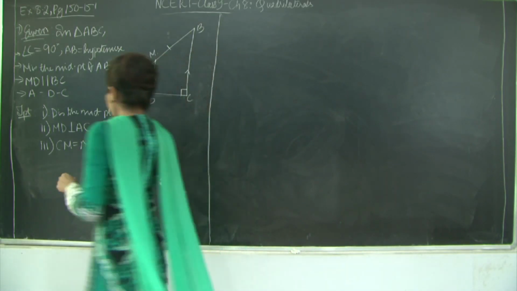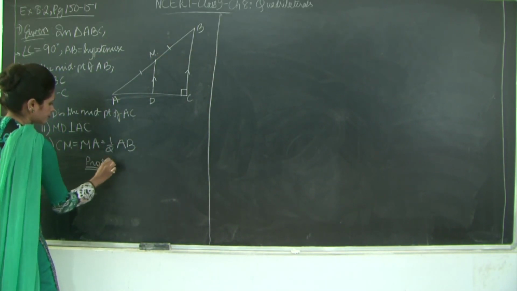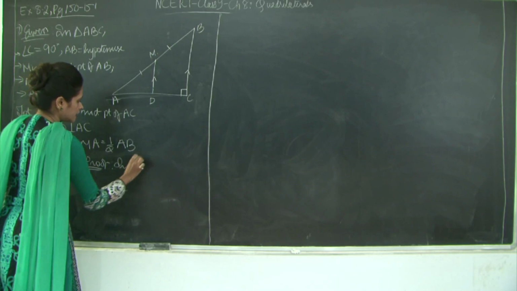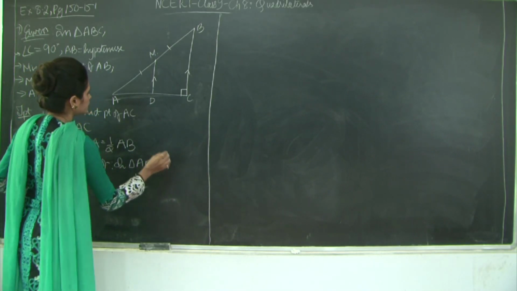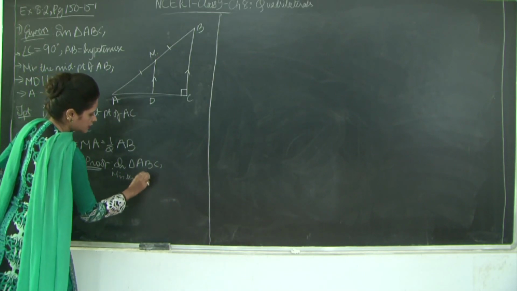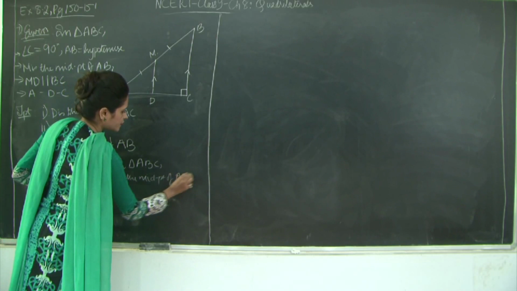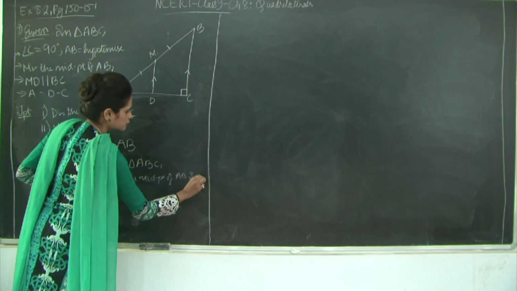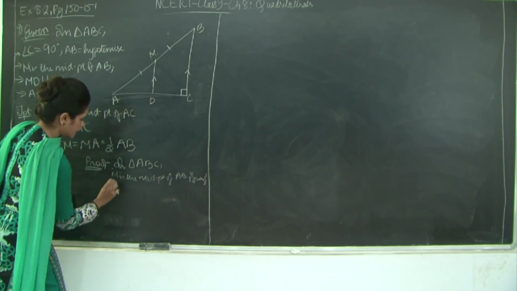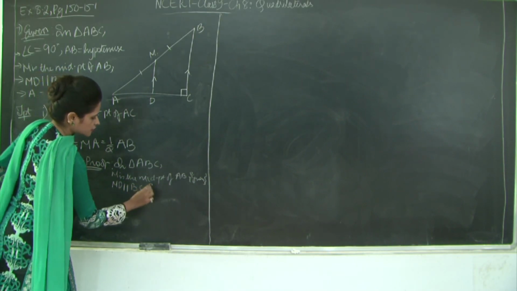All right. So, I'll say prove. In triangle ABC, M is the midpoint of AB, this is given, and MD is parallel to BC, this is also given.